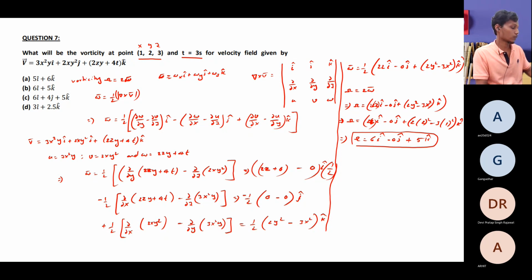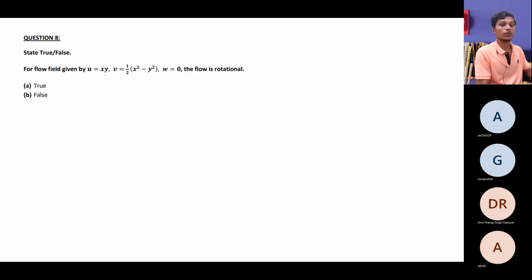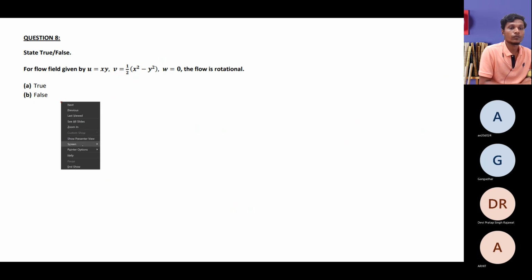Okay, let's go to our next question. Yes, it's recording. So in this question, state true or false for a flow field given by u equals xy, v equals half x square minus y square, w equals 0.